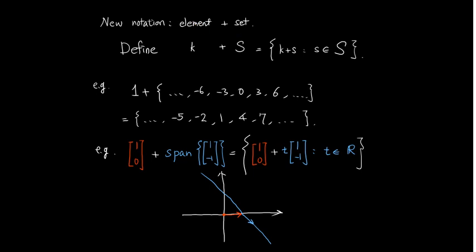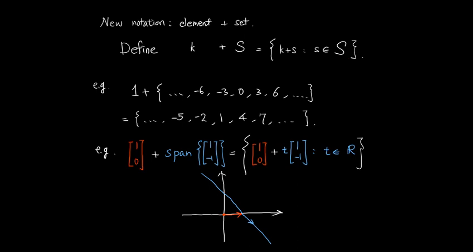We define that if I have a number or an element k and a set S that has a lot of elements inside, then k plus S is defined as the set of everything that looks like k plus s, such that s is an element of the set S.